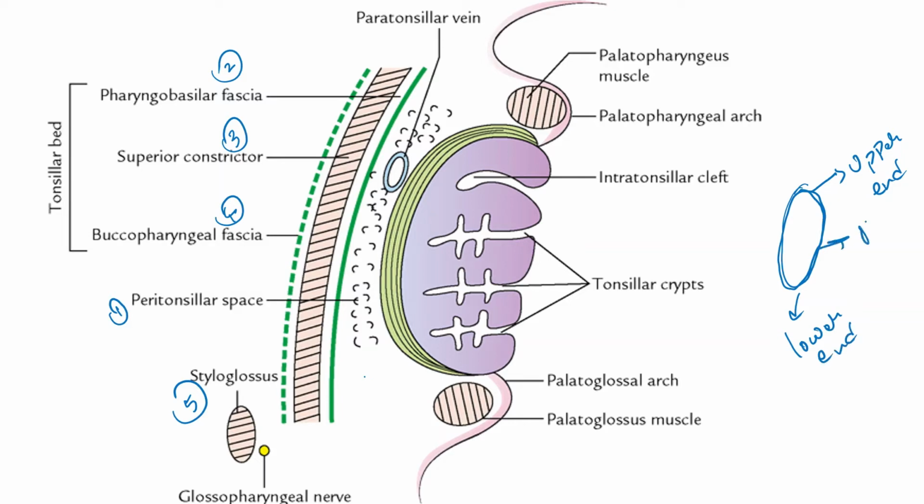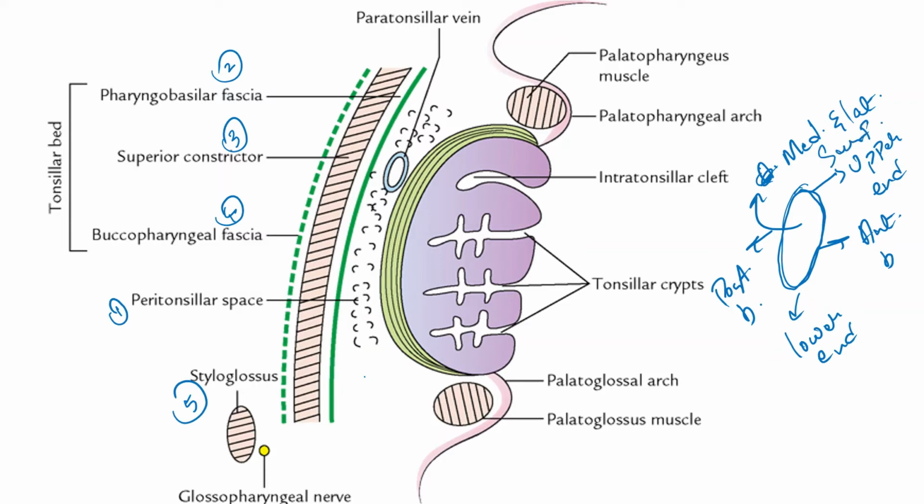It also has two surfaces, the medial surface and the lateral surface. So this is about the presenting parts of the palatine tonsil.